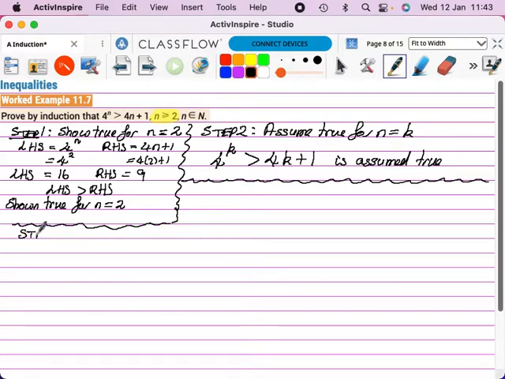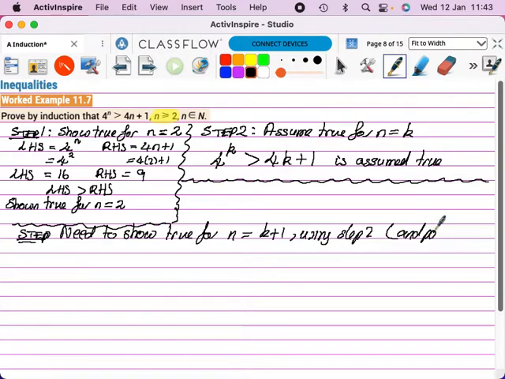And step 3 is need to show true for n equals k plus 1 using step 2 (and possibly step 1). Okay, so now we need to demonstrate what we're trying to show is true.